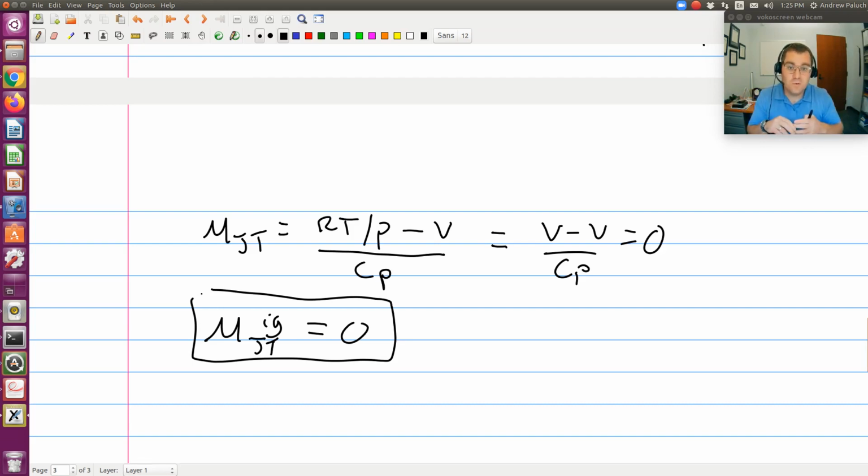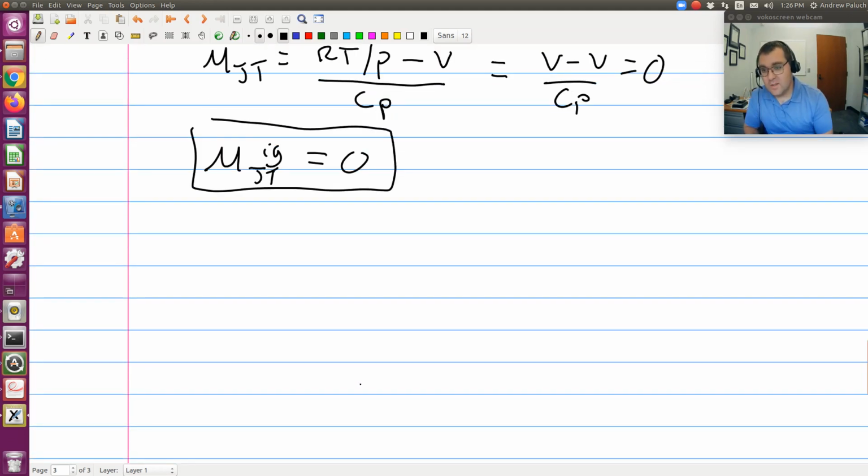There's going to be no temperature change. This makes sense because we've shown that for an ideal gas, the enthalpy is only a function of temperature, so changing pressure we don't expect to have an effect at all. So the Joule-Thomson coefficient of an ideal gas is just 0.